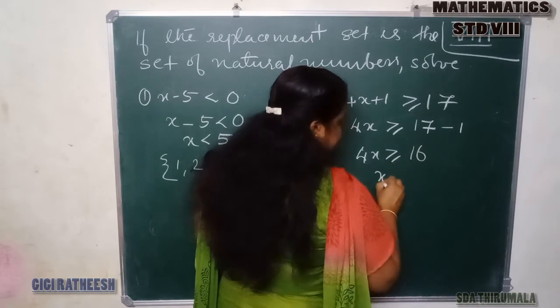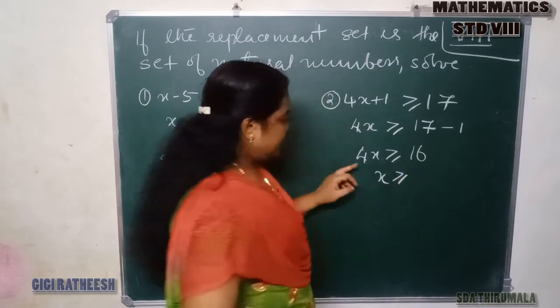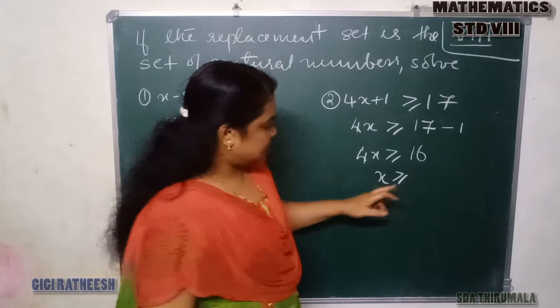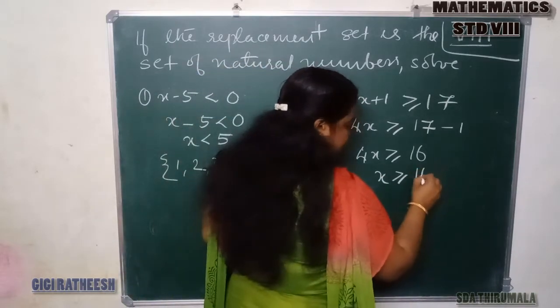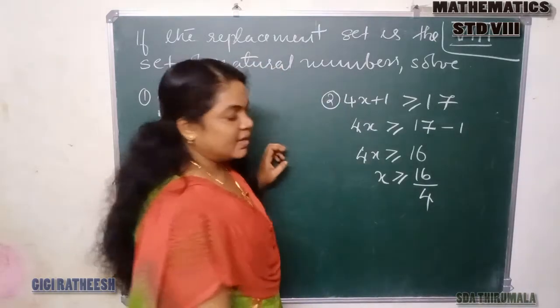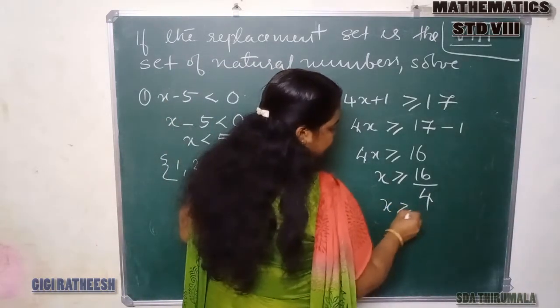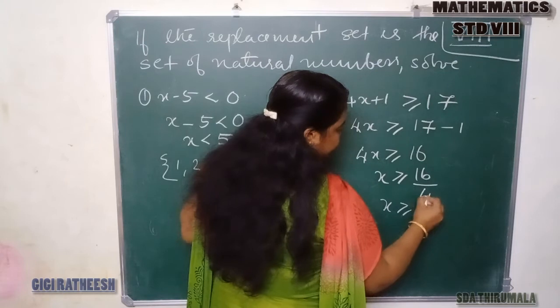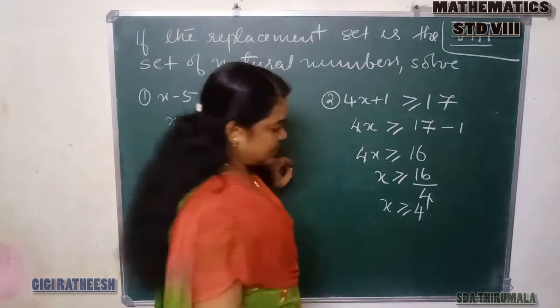Then this 4 goes to the right side, changing multiplication to division, so x greater than or equal to 16 by 4. 4 fours are 16, so x greater than or equal to 4.